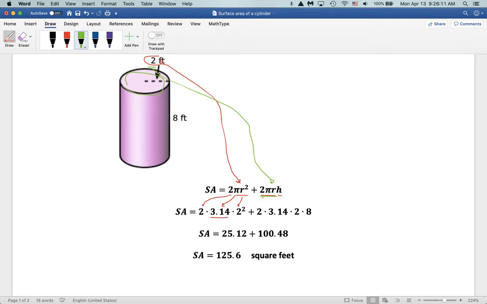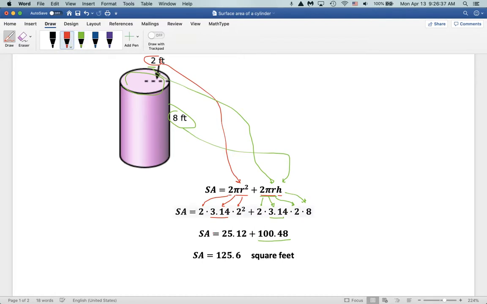So I have my 2, my pi, which is 3.14, my r, which is 2, and then my height, h, which is 8. With a calculator, 2 times 3.14 times 2 times 8 is 100.48.